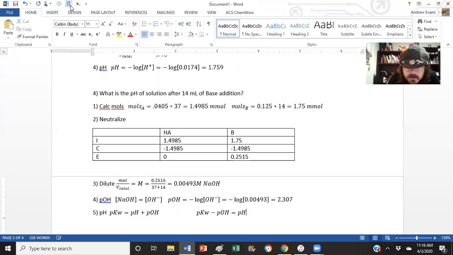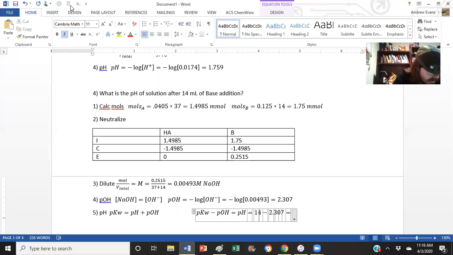Well, pKw is just 14. So 14 minus our pOH, 2.307, will give us our pH of 11.693. So just by adding 2 mils over the equivalence point, it jumps to a highly basic solution of 11.693.